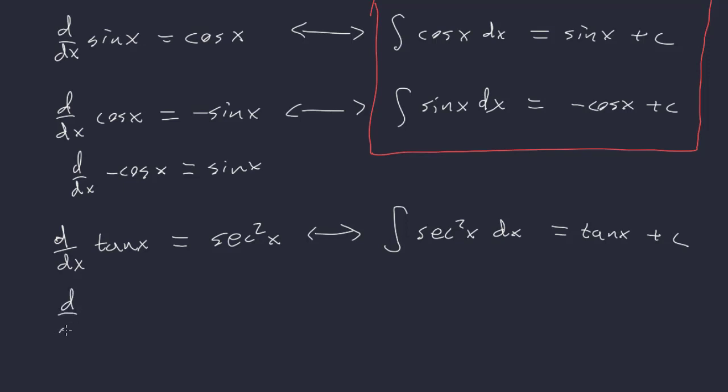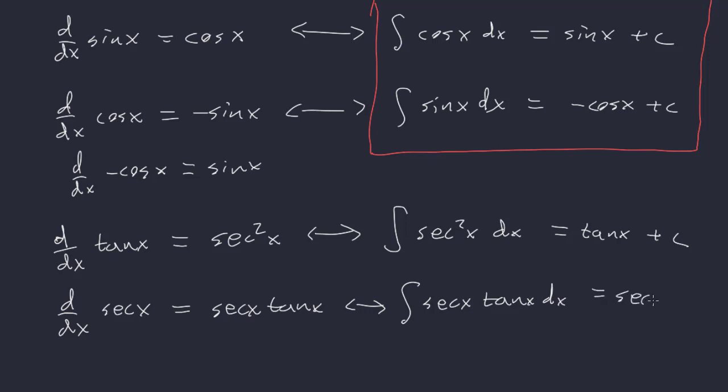Similarly, the derivative of secant of x is secant x tangent x, and that gives us an integral rule: the integral of secant x tangent x dx is simply secant x plus c. So these might seem a little weirder than what we've dealt with, but all we are doing is reversing these two to give us the new integral rules.